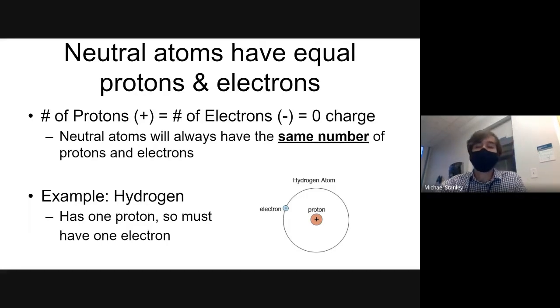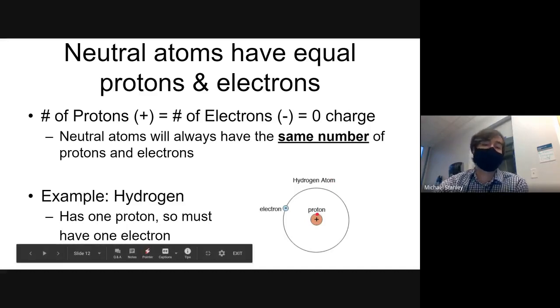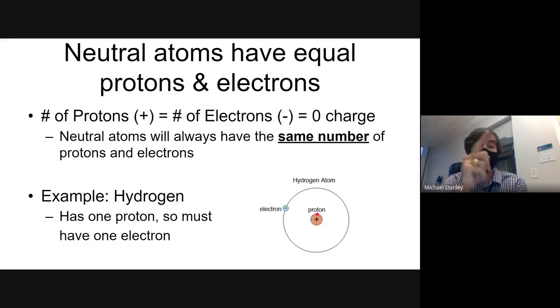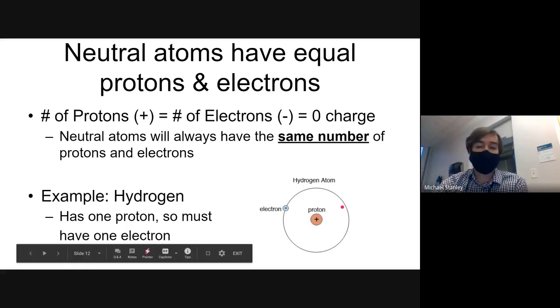So for the simplest atom on the periodic table, it's called hydrogen. Hydrogen only has one proton. It has an atomic number of 1. It's the very first one on the table. So because hydrogen has 1 proton, that means hydrogen has to have 1 electron as well.